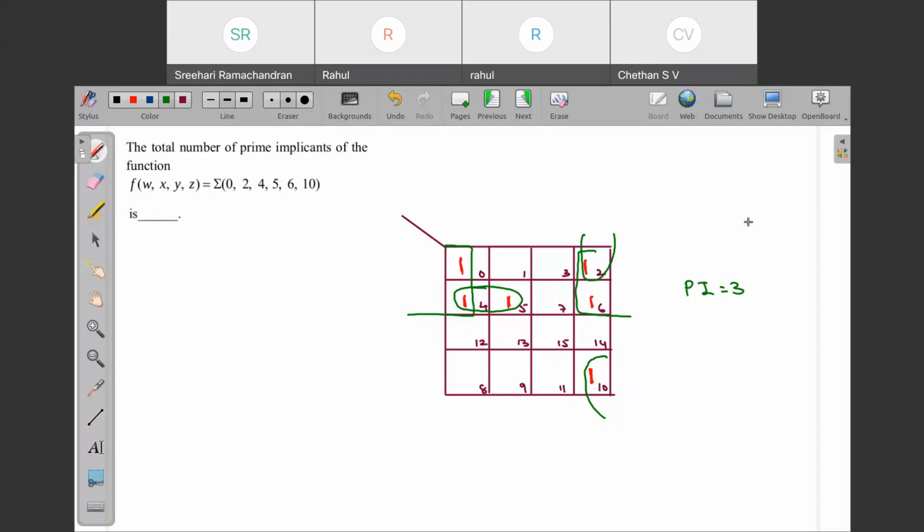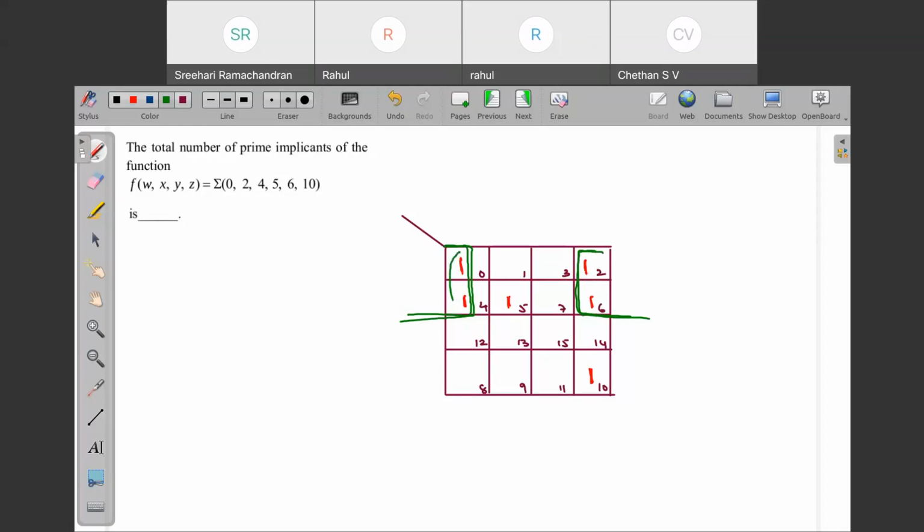I haven't considered the quad, sir. Sorry. I told you, now don't consider the quad as groups of 2. You cannot do that. Your first aim is to maximize the group size and then increase the number of groups. So you have already made this a group of 4. Now if you have alternatives for ones, you can make a group of 4 only.